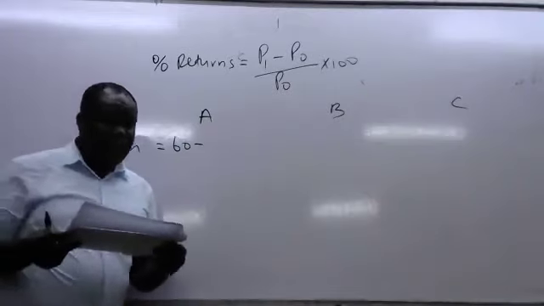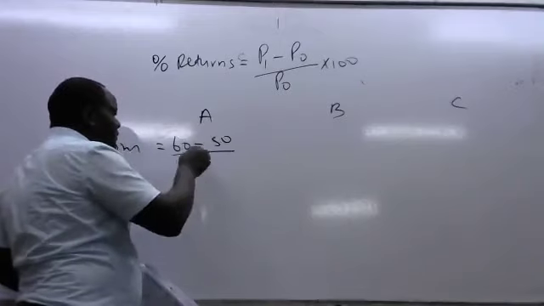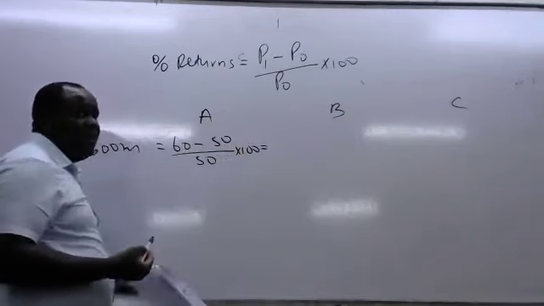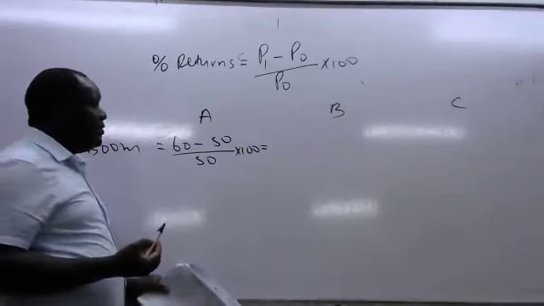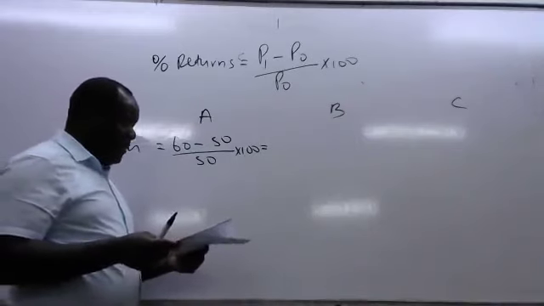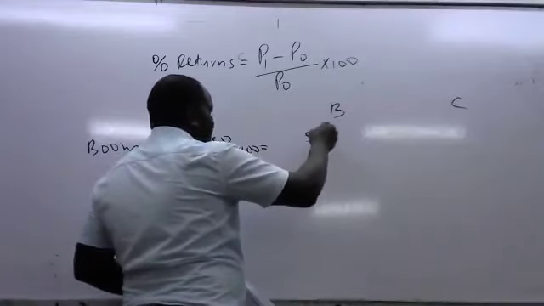For A, we minus the 50, divide by 50, and express it as a percentage. That is for share A. Then we shall do the same for share B. So share B under boom, you are given 50.